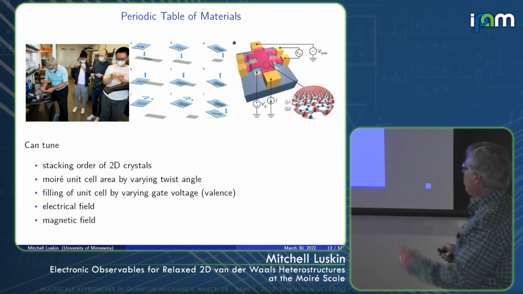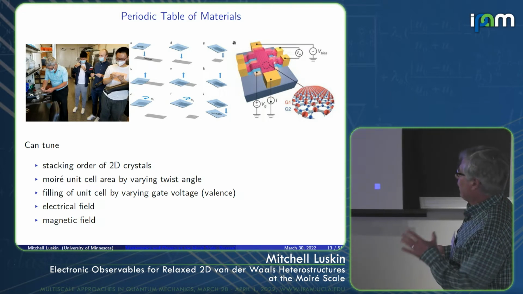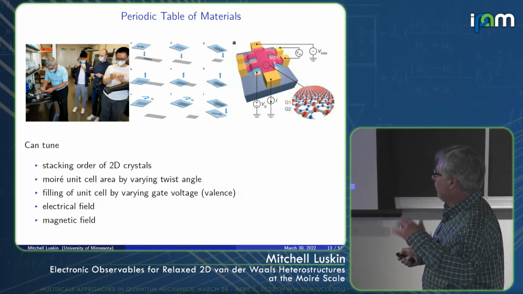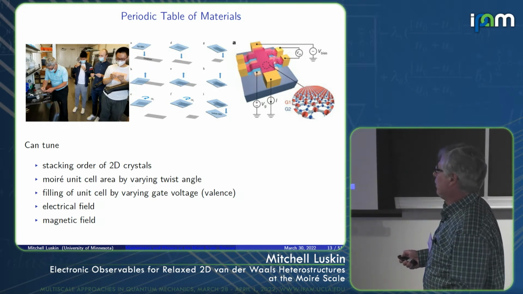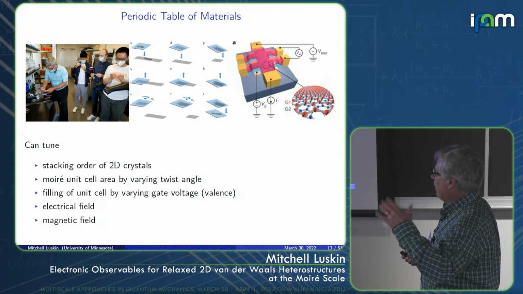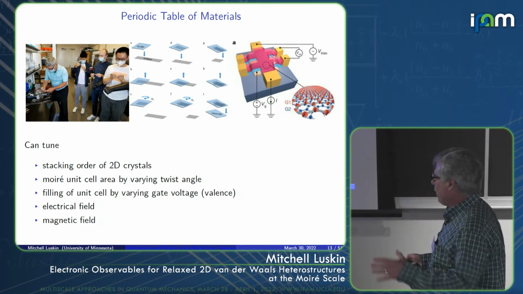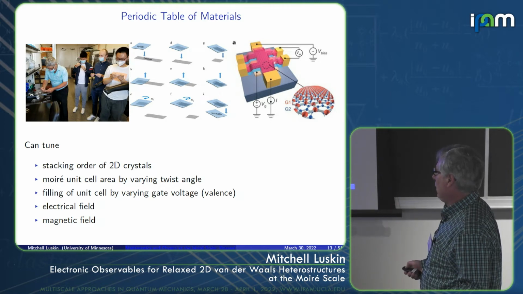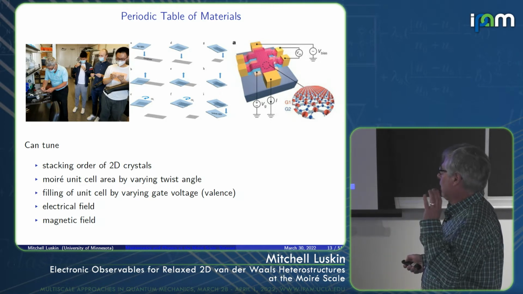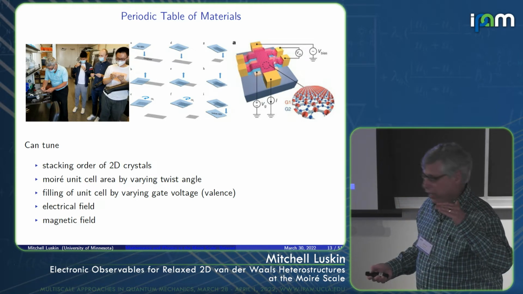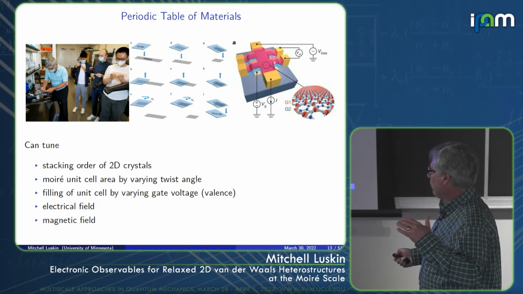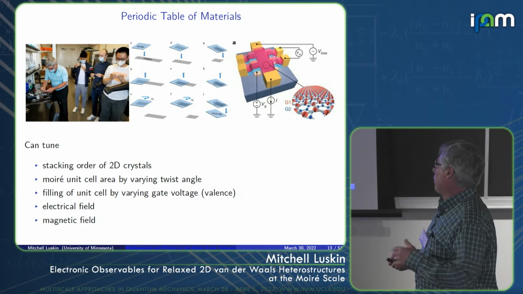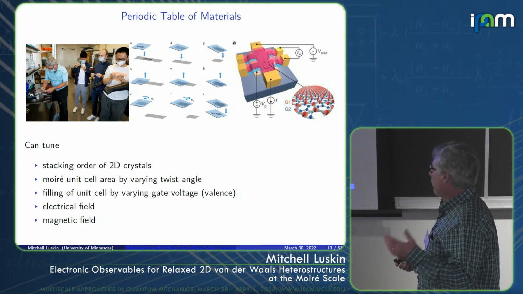What you can do here is vary the stacking order. There are actually thousands of 2D materials, and you can stack them in different orders. You can vary the Moiré unit cell by varying the twist angle. You can vary the filling of a unit cell just by varying gate voltage. You can apply electric fields, magnetic fields.